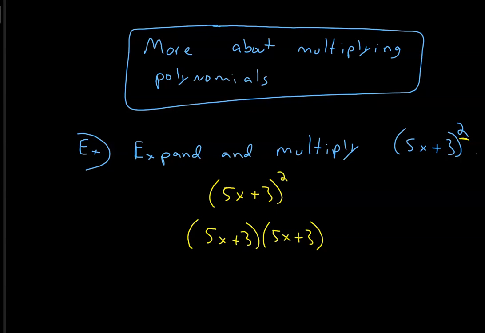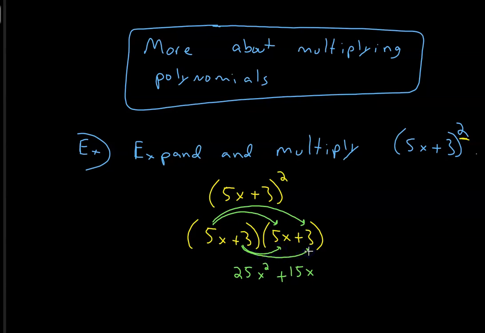So if I multiply that, I can take 5x times 5x and 5x times the 3. So that should give me 25x squared, and then 5x times 3 is 15x. And then from there, I could take 3 times 5x, and then 3 times 3.